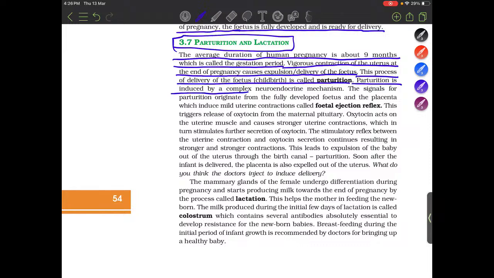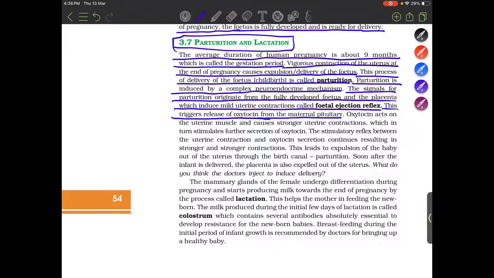Parturition is induced by a complex neuroendocrine mechanism. The signals of parturition originate from the fully developed fetus and the placenta, which induce mild uterine contractions called the fetal ejection reflex. This triggers the release of oxytocin from the maternal pituitary. Oxytocin acts on the uterine muscle and causes stronger uterine contractions, which in turn stimulate further secretion of oxytocin.